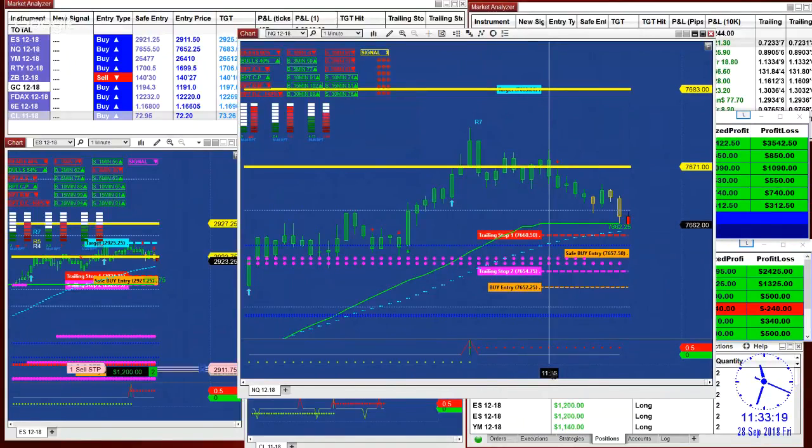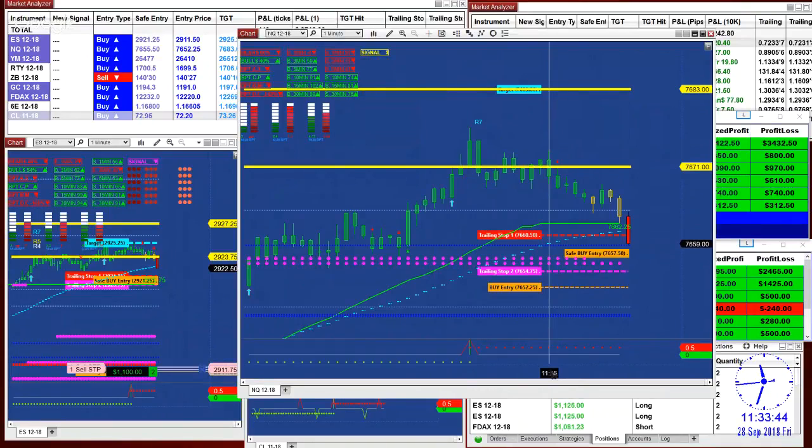Now they're trying to sell it. They're trying to break this area. Look. You're always aware of what's going on. They're pushing it down. Let's see.